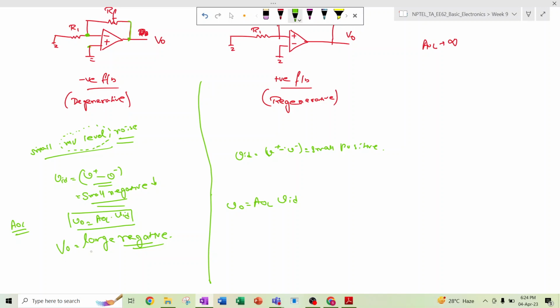So VO is a large negative voltage. Now a part of VO is being fed back to the input V minus. If this is V minus and this is V plus, then the part fed back is VO into R1 divided by R1 plus RF. This is the simple voltage division rule.